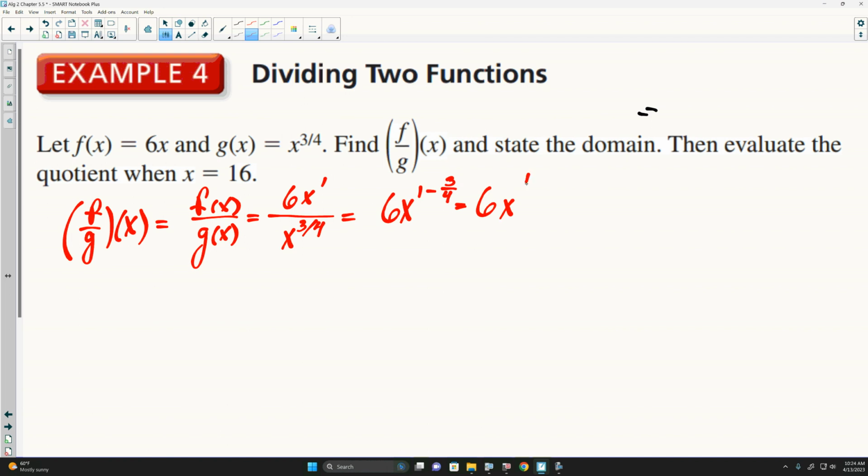And 1 minus 3/4 is 1/4. So f divided by g of x is 6x to the 1/4. Any questions on how we found this here?